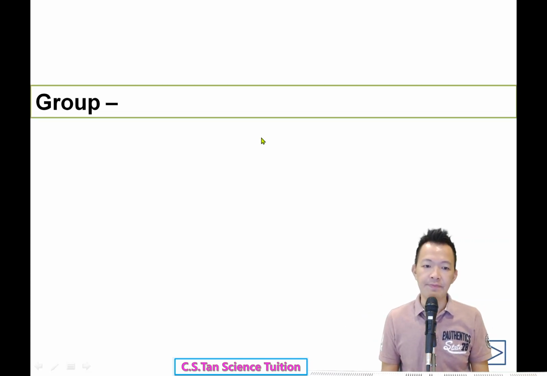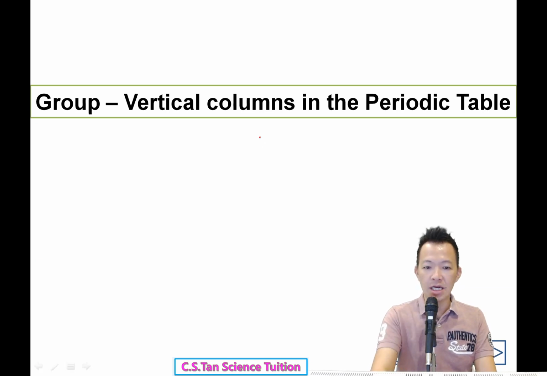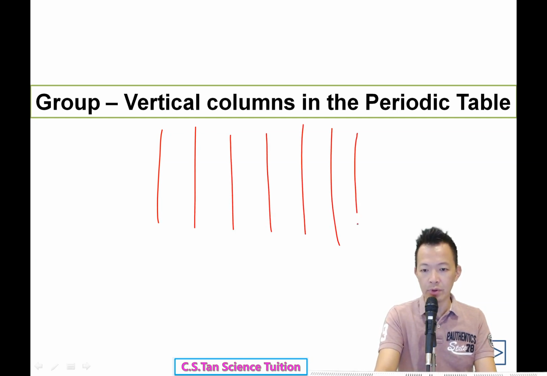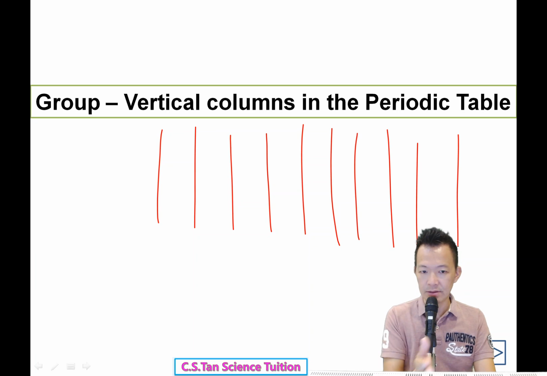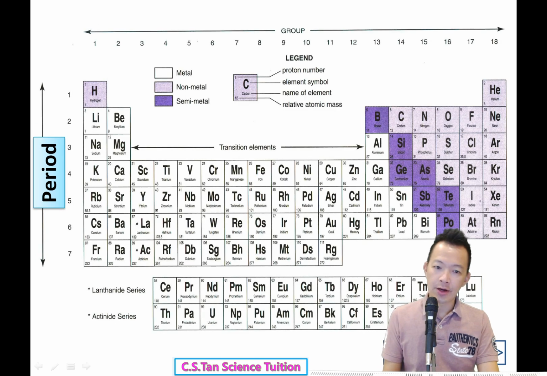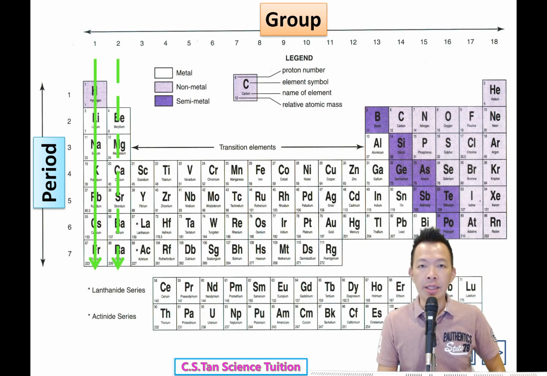Number one, group. What is a group? The vertical columns in the periodic table.